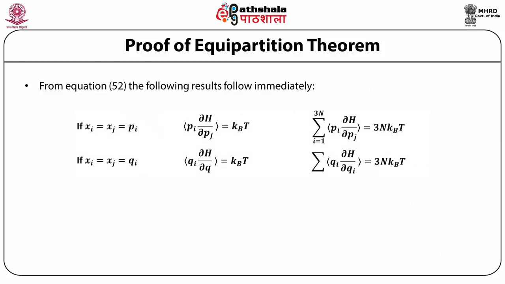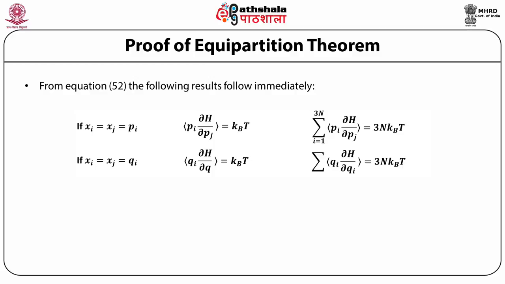If xi is equal to xj is equal to pi, then the mean value of pi multiplied by the partial derivative of H with respect to pi is equal to kBT, and therefore the summation over i from 1 to 3N of the mean value of pi partial derivative of H with respect to pi is equal to 3N kBT.